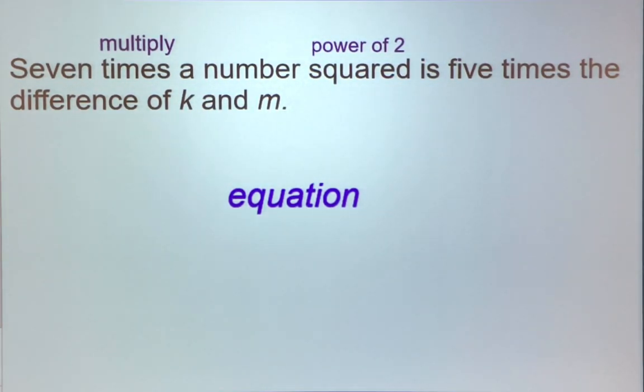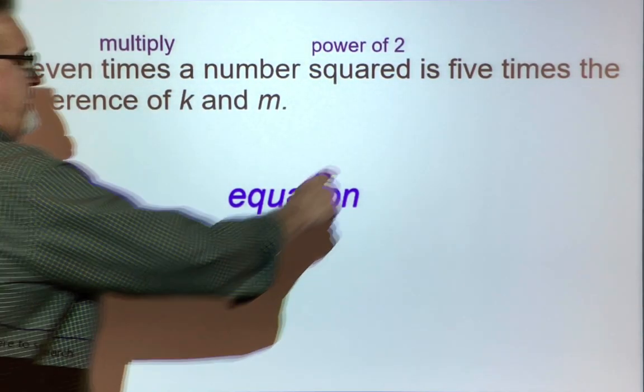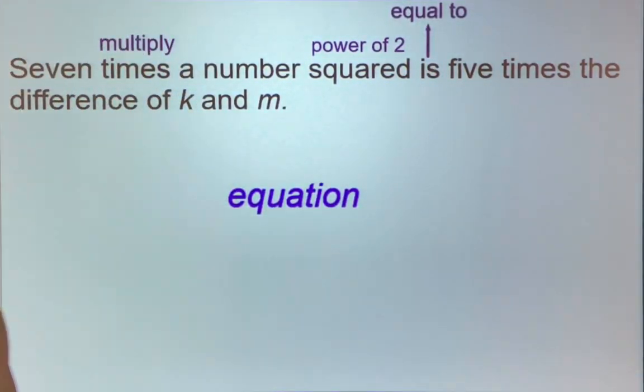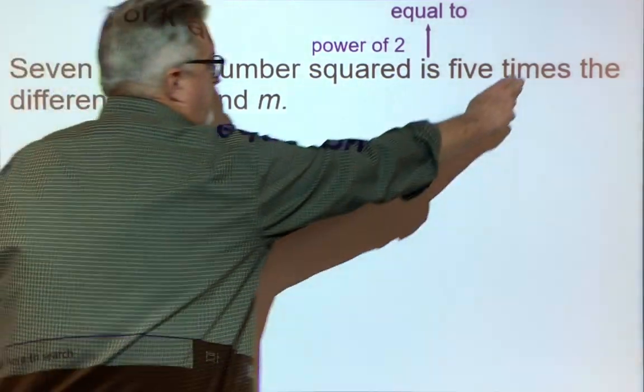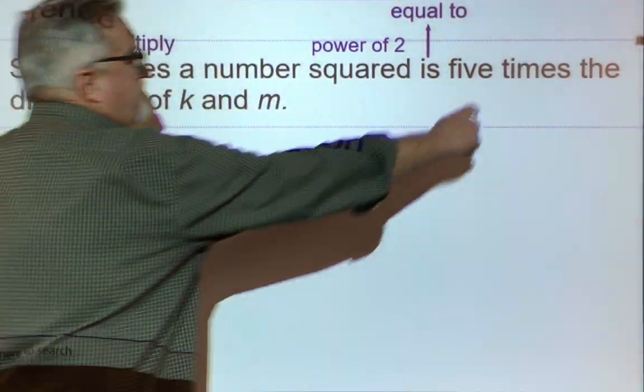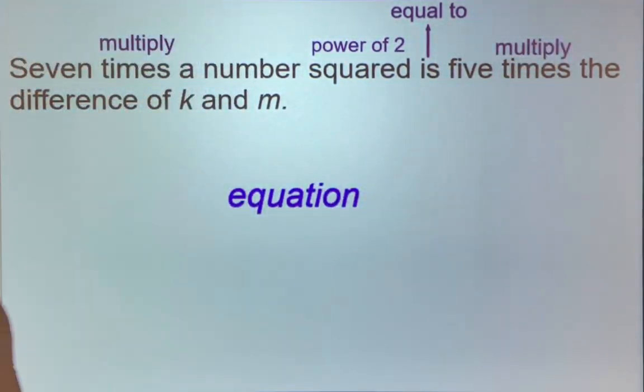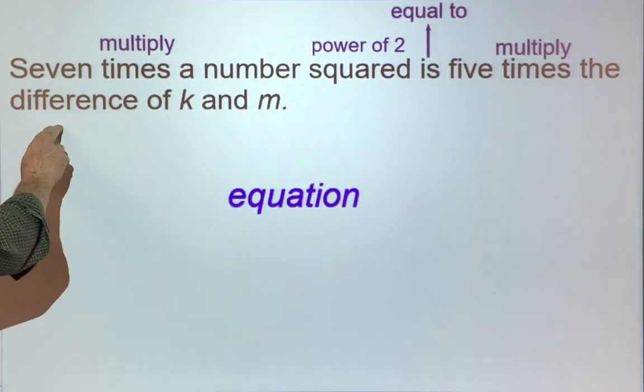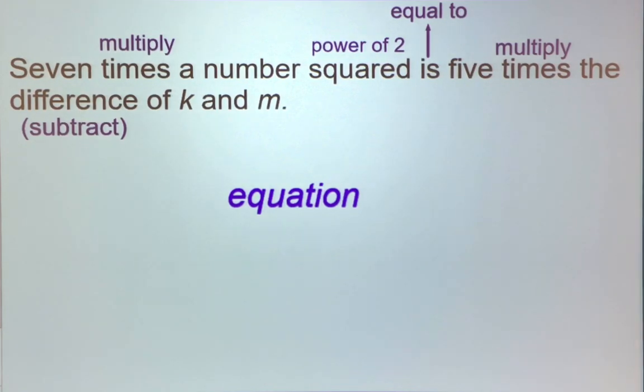And if I look at this, is means equal to. And then it says 5 times, well, times again means to multiply. And then we get to the difference of. So the difference of means to subtract.